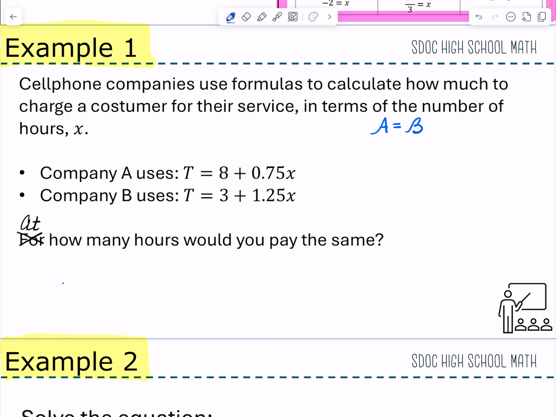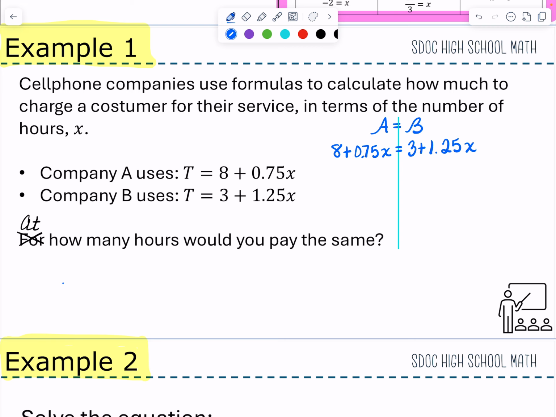So yesterday we also talked about drawing in a line right through the equal sign to help us keep balance or know what goes with company A and what goes with company B. So company A's equation is 8 plus 0.75X equal to company B, which is 3 plus 1.25X.